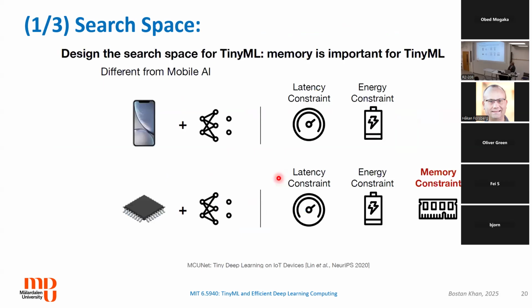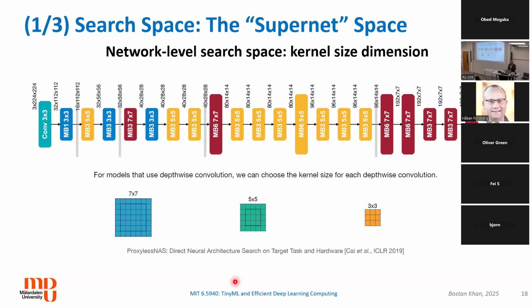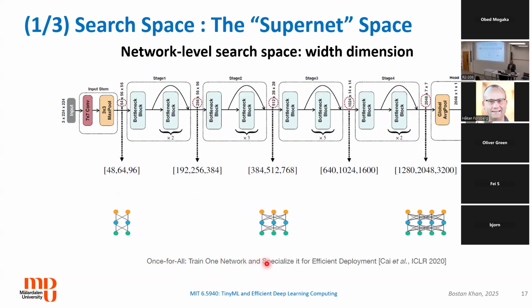And now we talk about how we design this search space. I just gave you an example of this search space. It was from a really popular paper called Once for All: Train One Network and Specialize it for Efficient Deployment, a really popular paper from 2020.